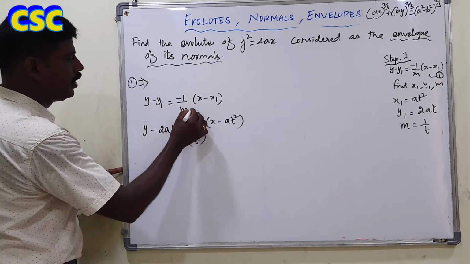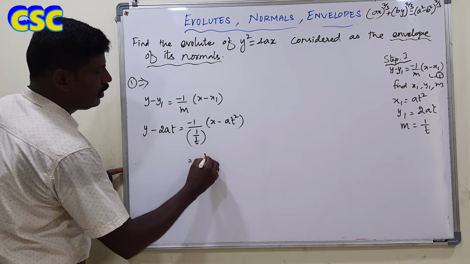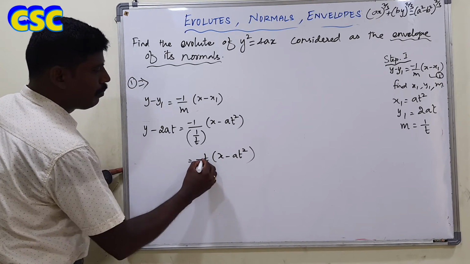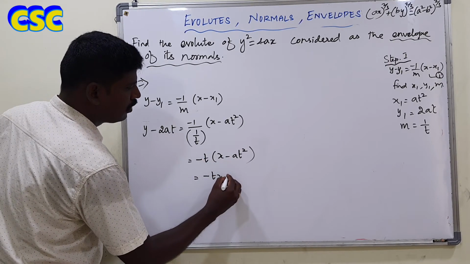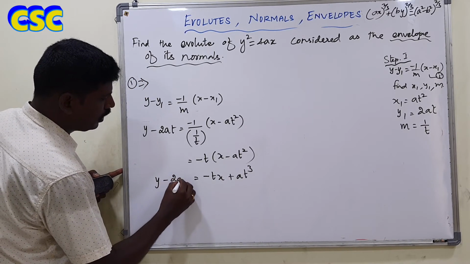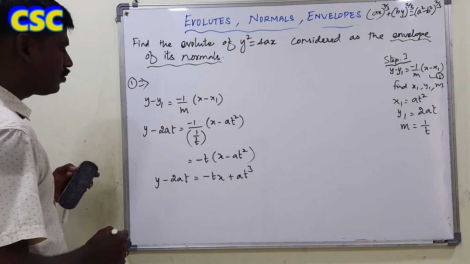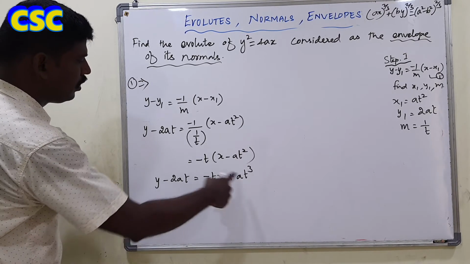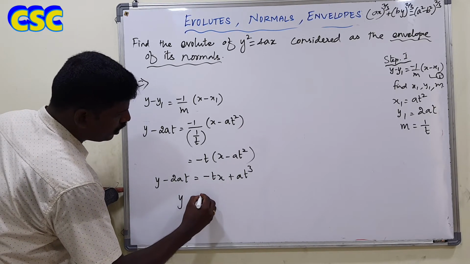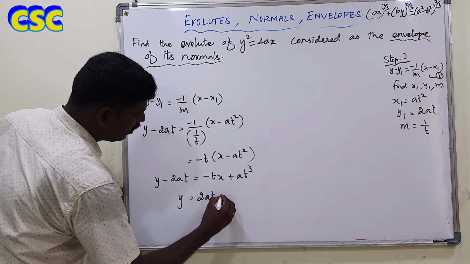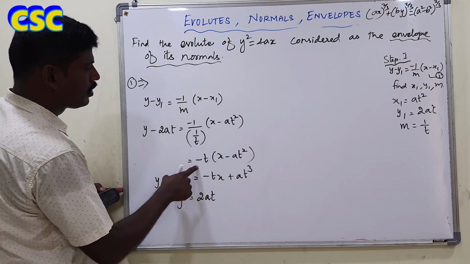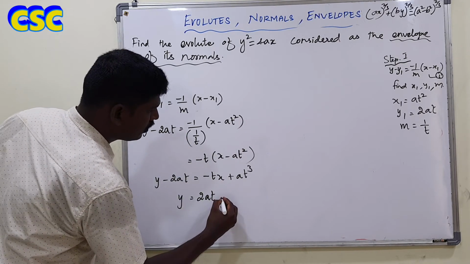Taking that t to the numerator by reciprocal multiplication, minus t into (x minus at square). Multiplying inside the bracket, minus tx plus at cube. So y minus 2at equals minus tx plus at cube. Taking the 2at to the right-hand side, y is equal to 2at minus tx plus at cube.